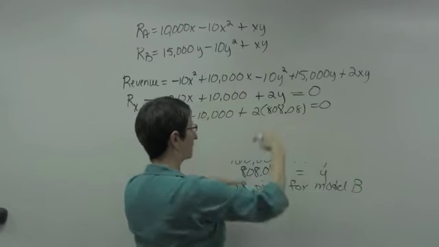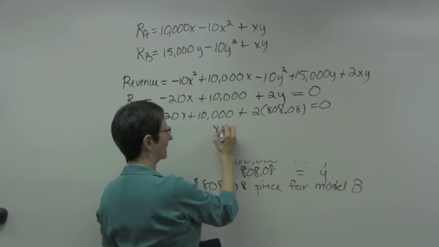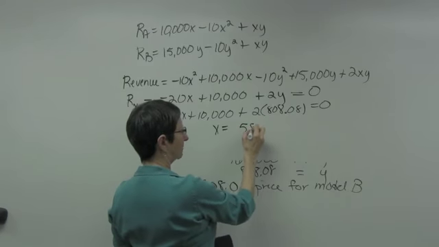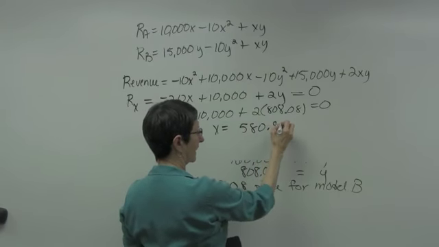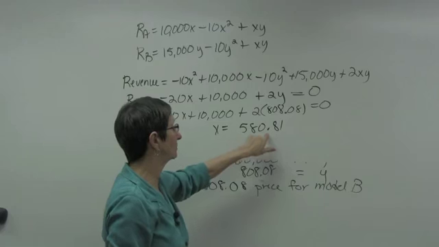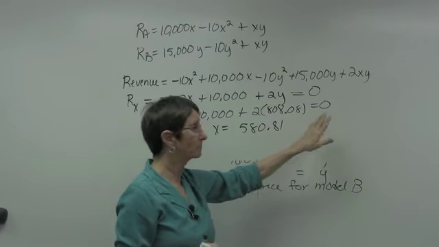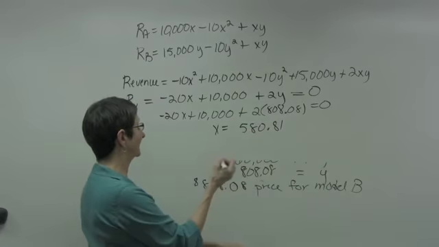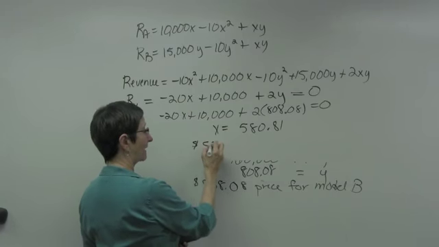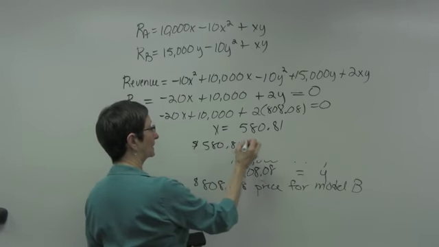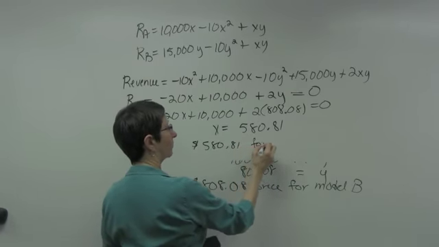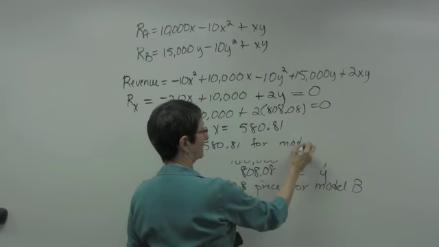Add these together, divide by 20, I end up with X as about 580.81. This one also continued 08, 08, 08, but I rounded. $580.81 is the selling price for a Model A TV.